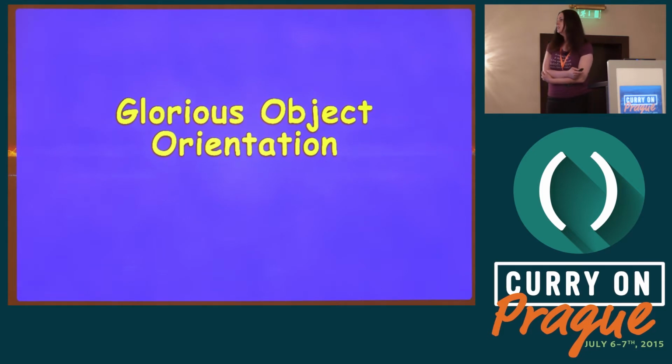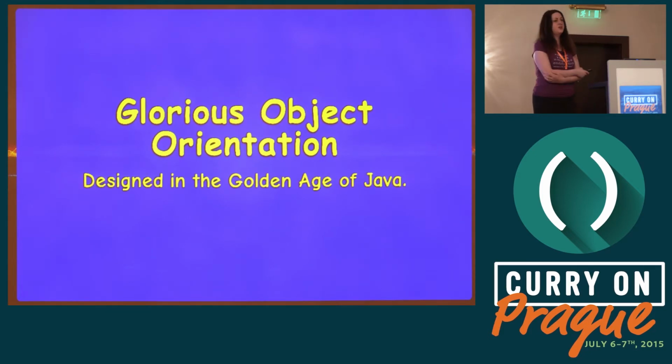It came about in essentially the golden age of Java in the mid-90s, and in fact, the language that it was written to be used by is called JavaScript, because it's not really got anything to do with Java.